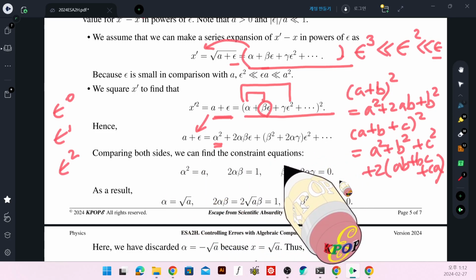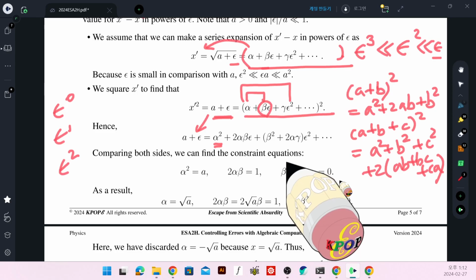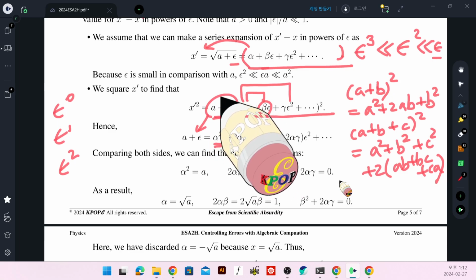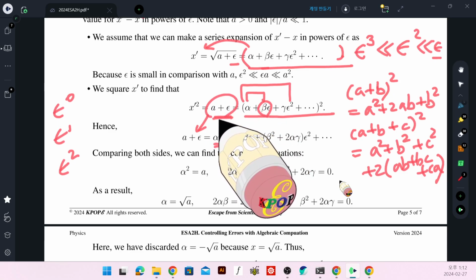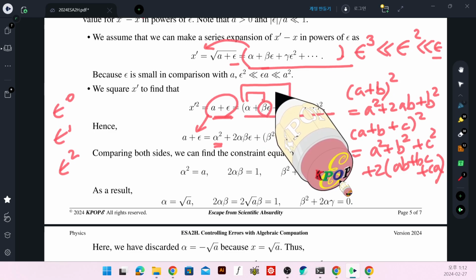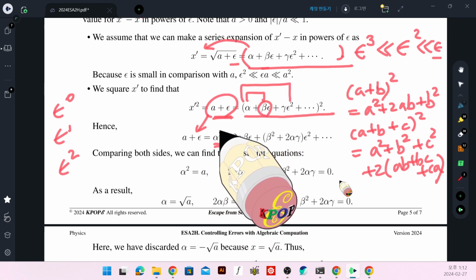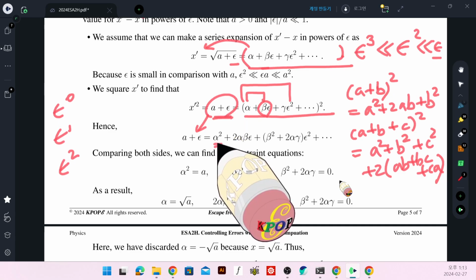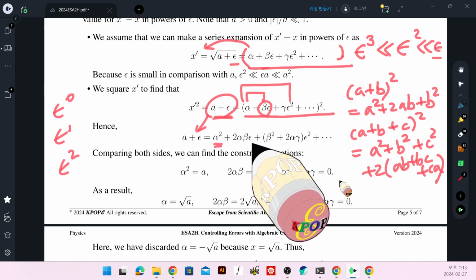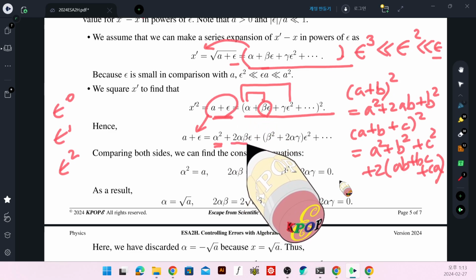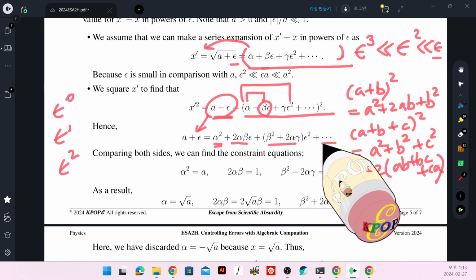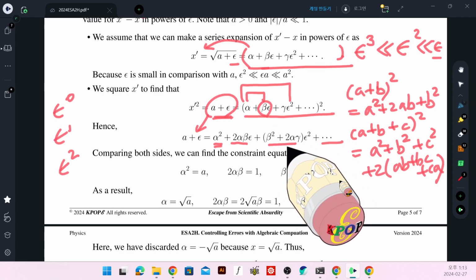Comparing both sides, what do we see? This one, the left-hand side, has only the order epsilon and no more. That means this alpha squared must be the same as a, and for the order epsilon term, this factor should be 1, and then after that, every factor must cancel exactly.